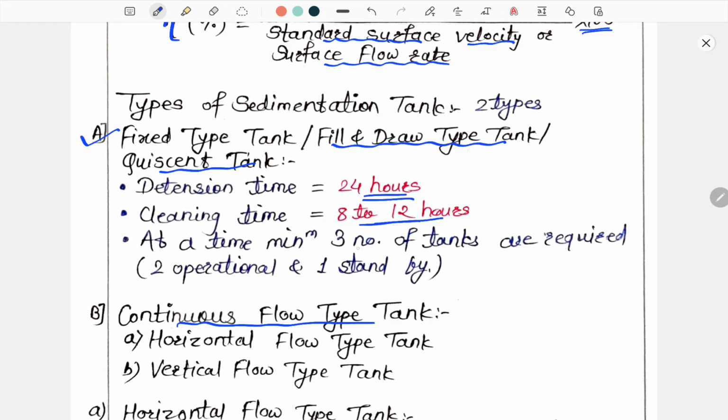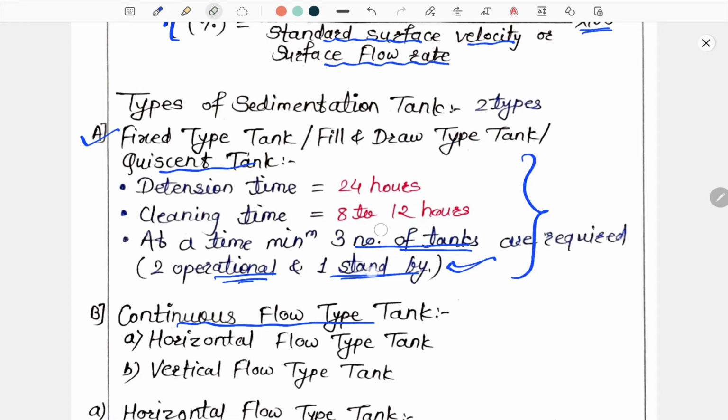At a time, minimum 3 tanks are required, and remember one thing, out of these 3 minimum tanks, 2 will be operational and 1 will be standby. So all these points are very important in the case of fixed type tank, which is also called fill and draw type tank or quiescent tank.